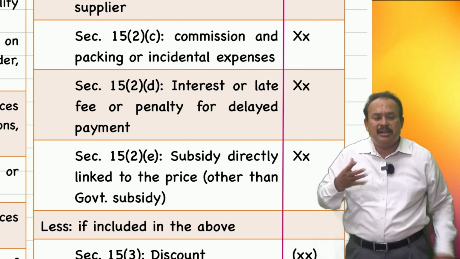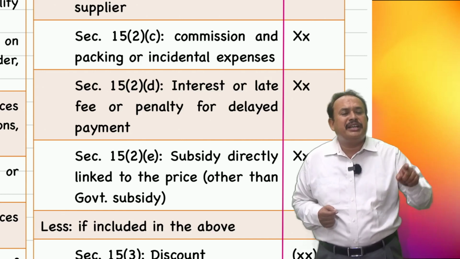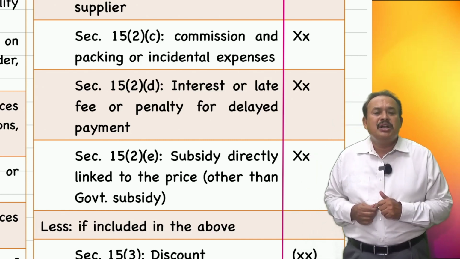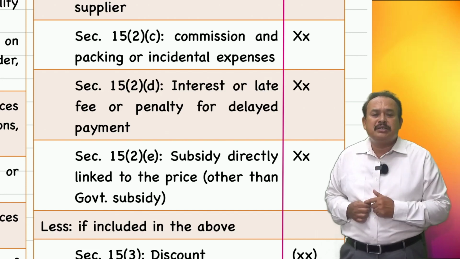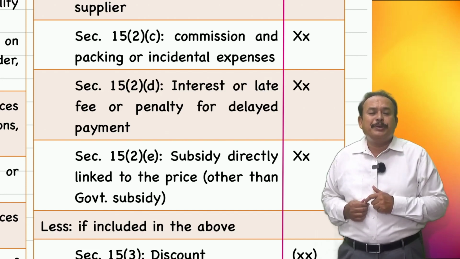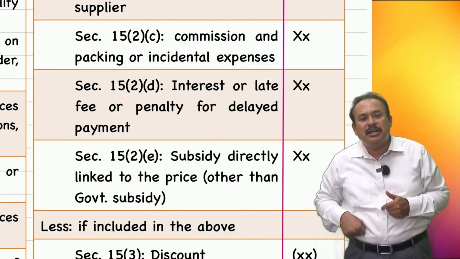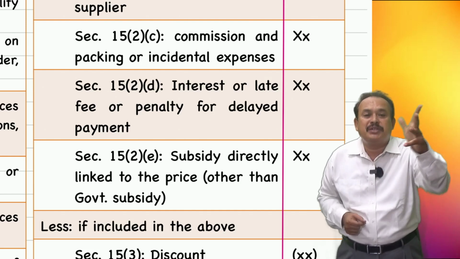For example, my dear sir, I am Mr. P of Pune, a principal. I appointed Mr. A, an agent of Ahmedabad, to sell my product on commission basis. His commission is, let us say, per unit 2000 rupees. I sold one unit for rupees 1 lakh. 1 lakh I sold means I have to pay the commission also to him or not. So 1 lakh plus 2000. 1 lakh 2000 is my value of supply.